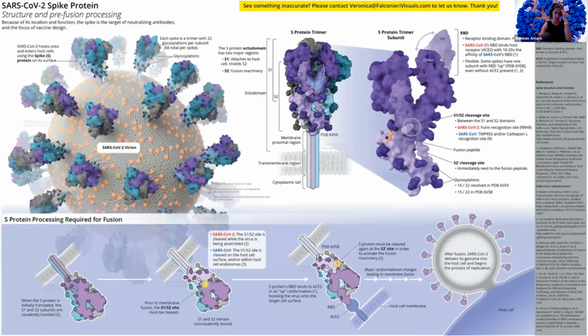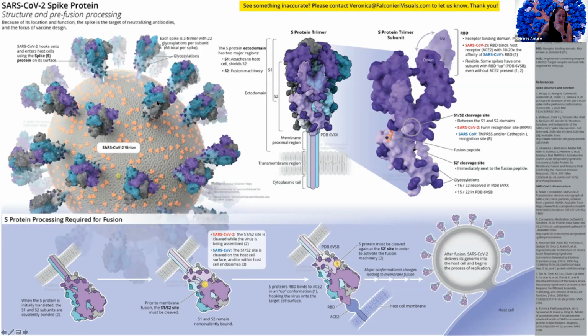So just a brief overview. Apologize for the graininess of this particular image. This was done by a medical illustrator named Veronica Falconieri, credited up there if you want to get in touch with her. The SARS-CoV-2 virus is shown here on the left. You can see it looks a bit similar to influenza. It has a host-derived lipid envelope.